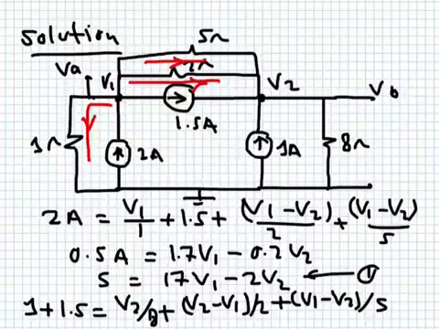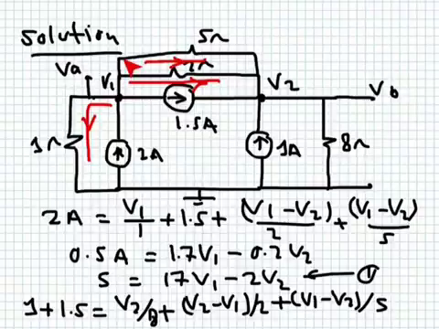I have a current source flowing out. I have this current flowing out, and this current is V1 minus 0 divided by 1. I have this current flowing out, and this current is V1 minus V2 over 2. I have this current flowing out, and this current is V1 minus V2 over 5.